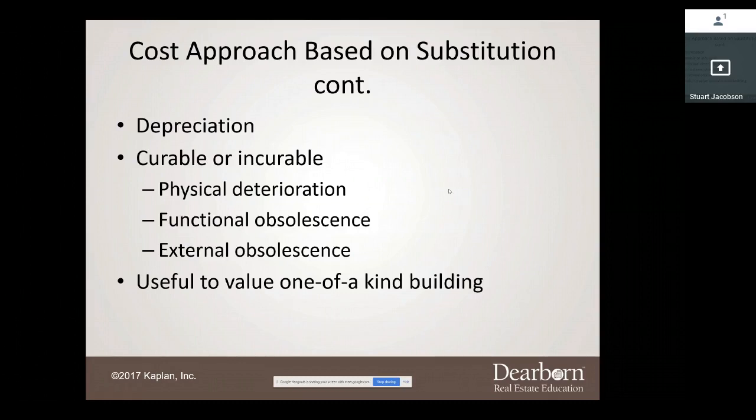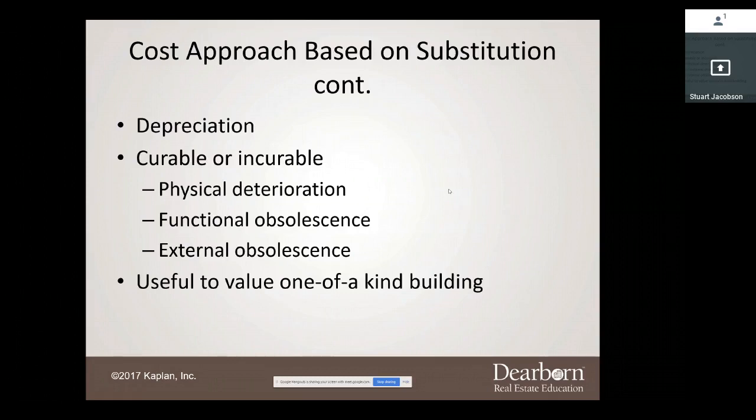Functional obsolescence. What is functional obsolescence? A home that has 3 beds, 1 bath now would be considered functional obsolescence, which means that basically built today, that might not be the way that they would build homes, because a home with 3 bedrooms probably would have more than 1 full bath built in 2018.